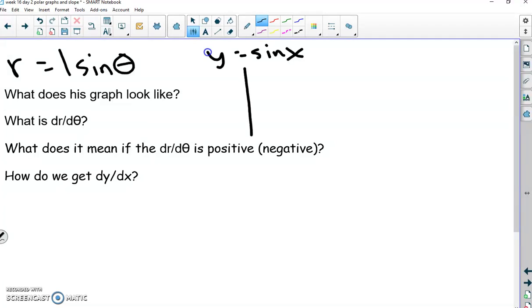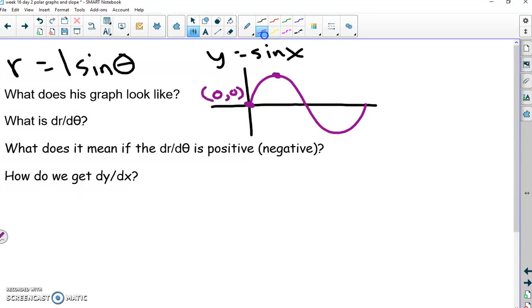And I can look and go, okay, y equals sine x is that, and I know stuff. That's at 0, 0. This to you guys should be at, we'll do radians, pi over 2 comma 1. This is pi comma 0.